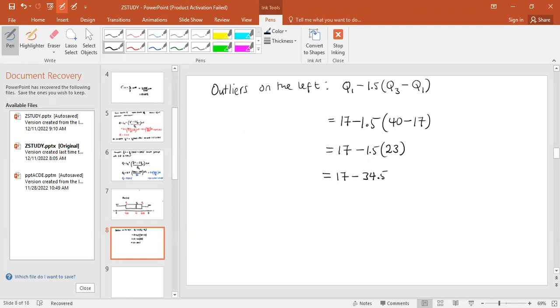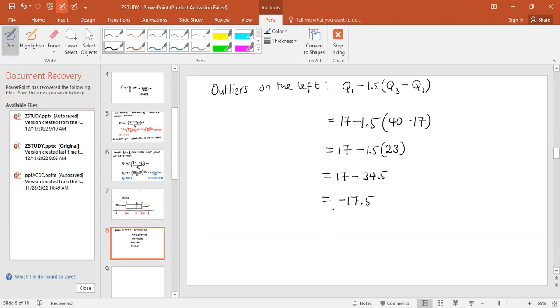So what does that mean? When you subtract 17 minus 34.5, we get negative 17.5.